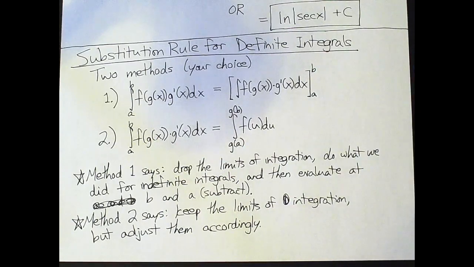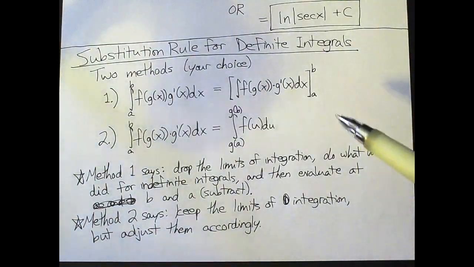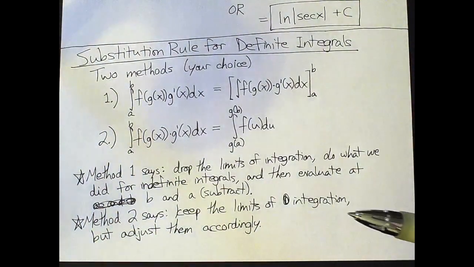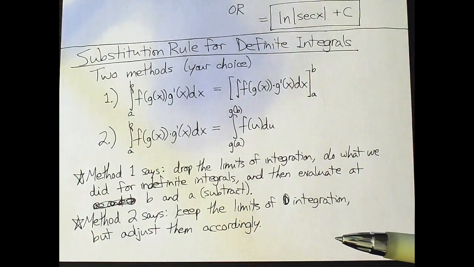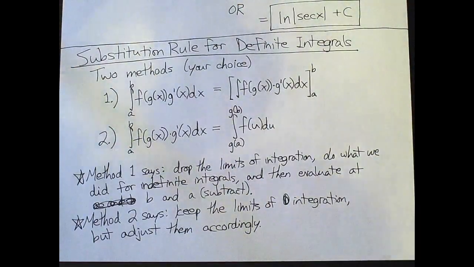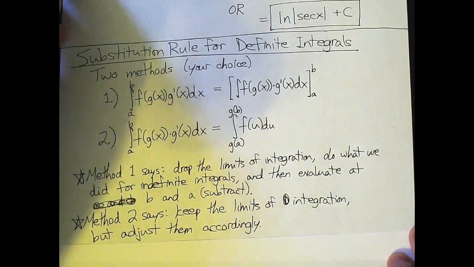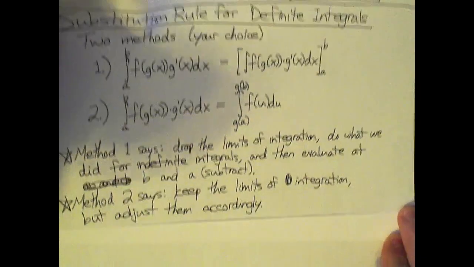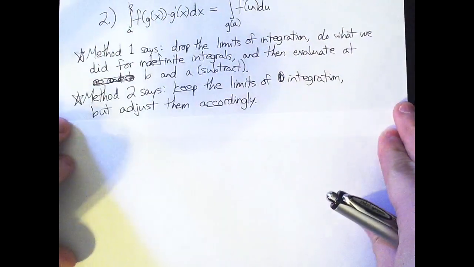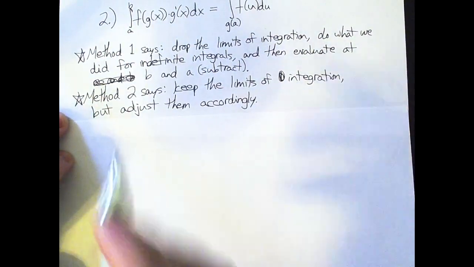So we'll do a problem with this, and I think what I'm going to do is I'm going to show you a problem and I'm going to show you both methods, and then maybe it'll be clear and you can decide which method you prefer. If I show you one problem with both methods, of course, we're going to get the same answer, but you could see and decide, you know, which perspective do you prefer.